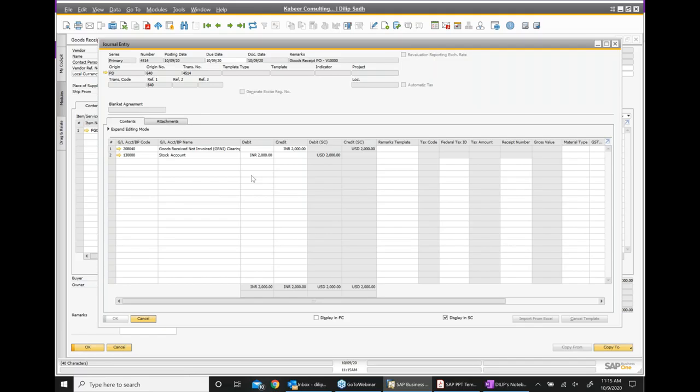What is the stock value we see in the debit column? $2,000.